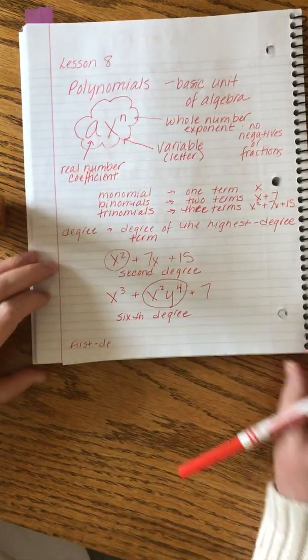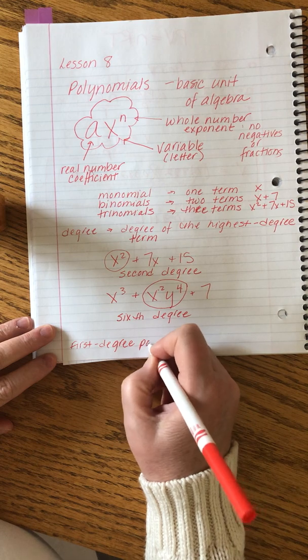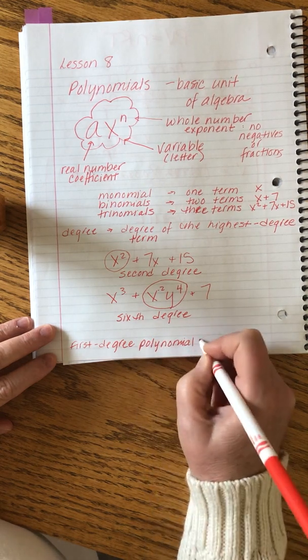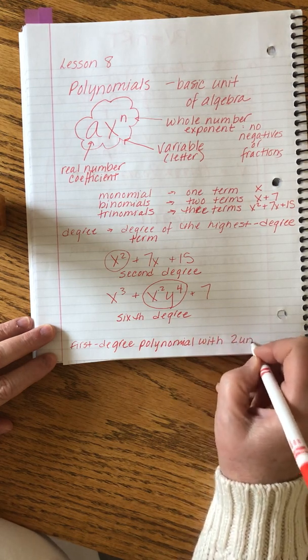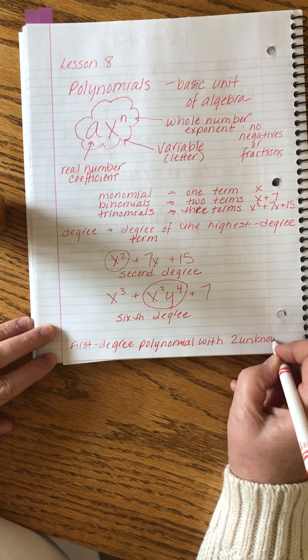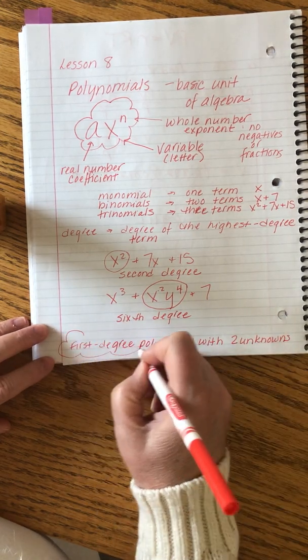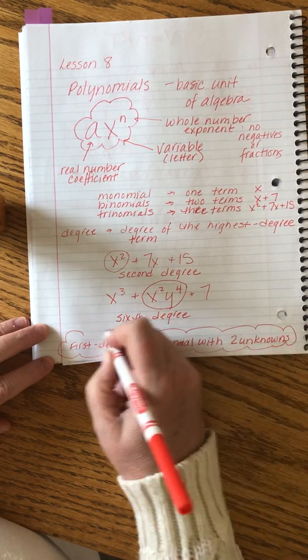Here, I'll slide this up a little so you can see better. A first degree polynomial with two unknowns. We actually spend a lot of time talking about this little fellow with a weird name that we've never seen before.